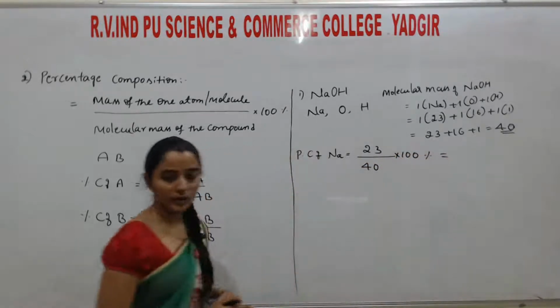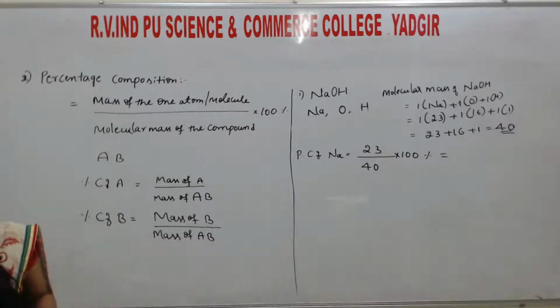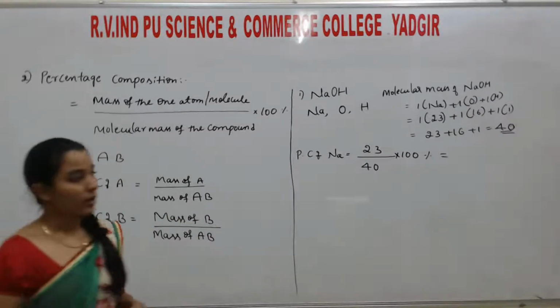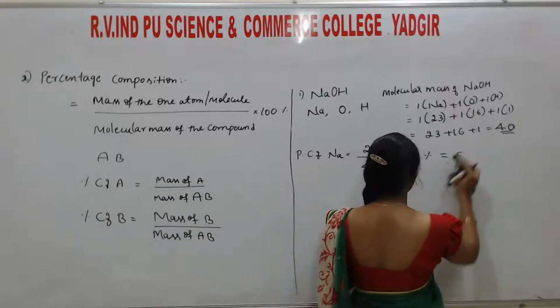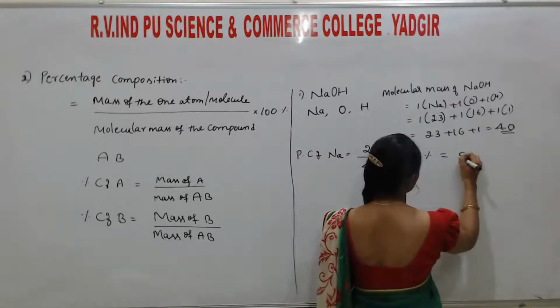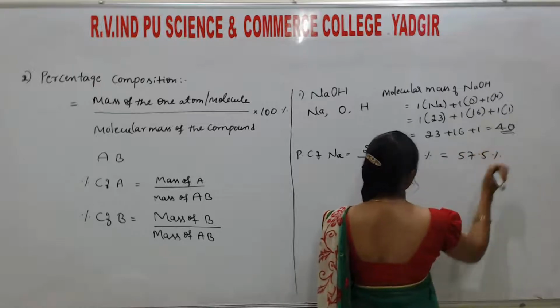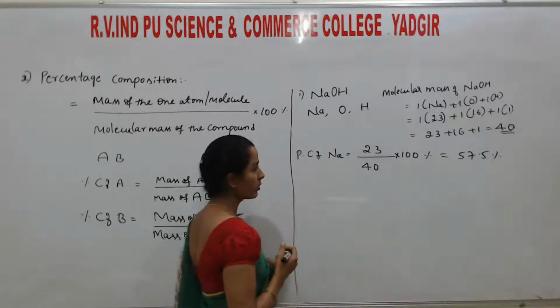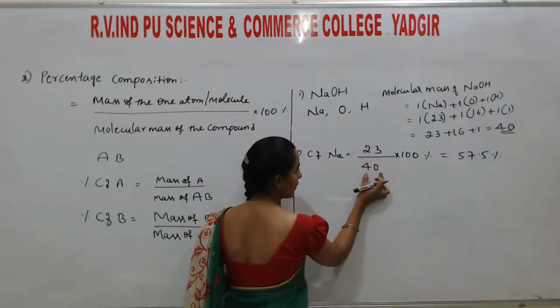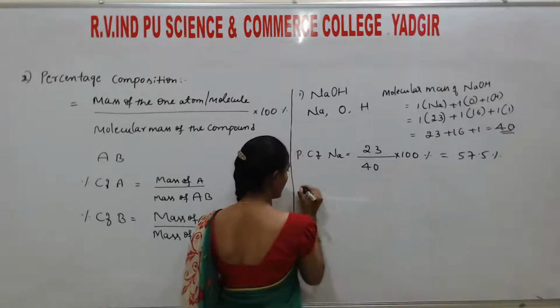If you do 23 divided by 40, students, you will get 0.575, so that is 57.5%. We will calculate using a calculator. This is 23 divided by 40 into 100%.